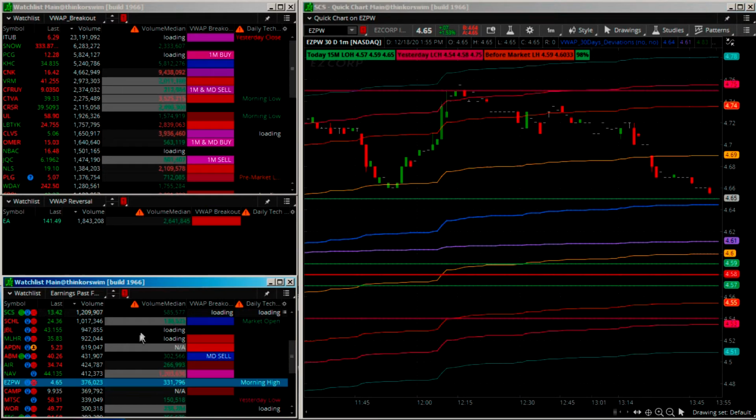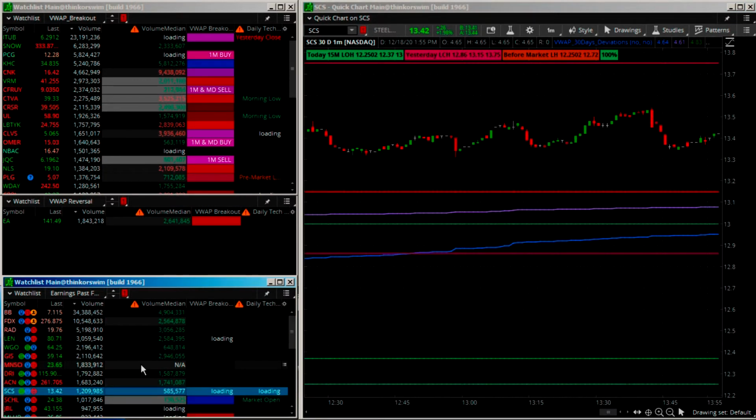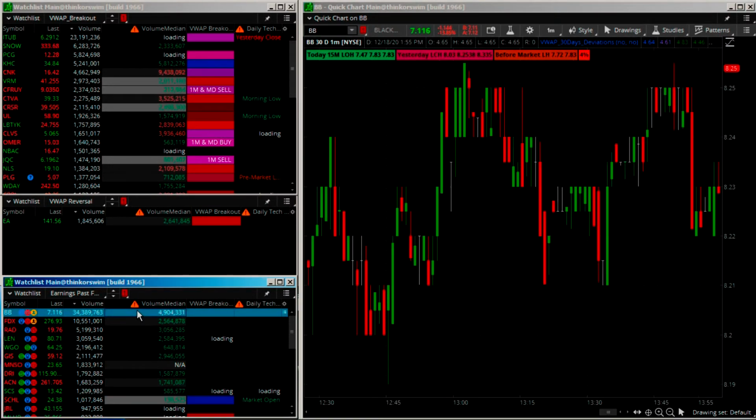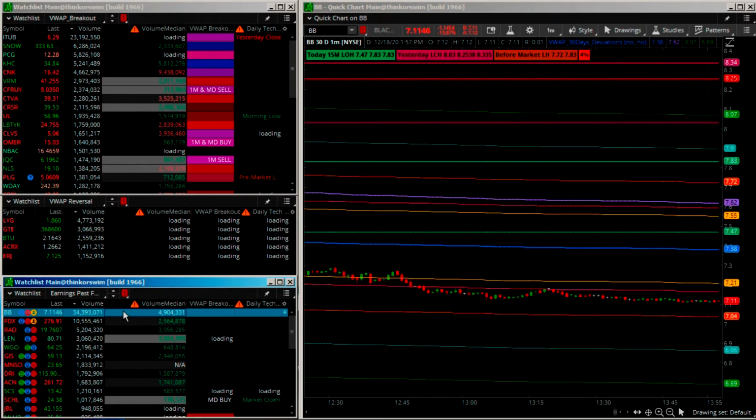The first one is the volume median. That is the median of the volume for the past few days. It gives me an idea of comparing the volume of what we're expecting in a normal day with what we're having today.